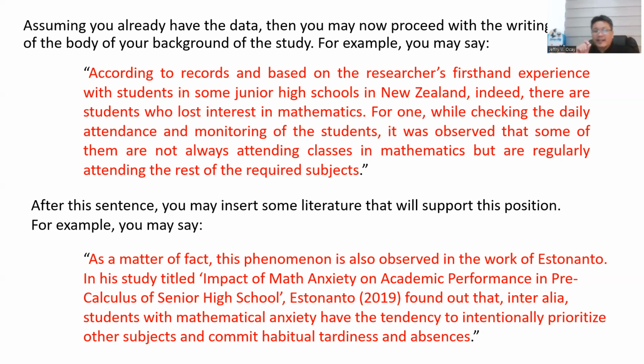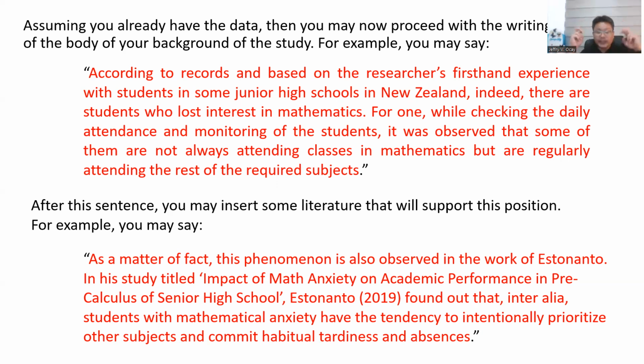And in addition to that claim, since we cite a scholar who has the authority in this field, then no one will question, in this case, Istonanto. For example, because he is an authority in this field. And most of his researches on this topic have been used by scholars in the field.